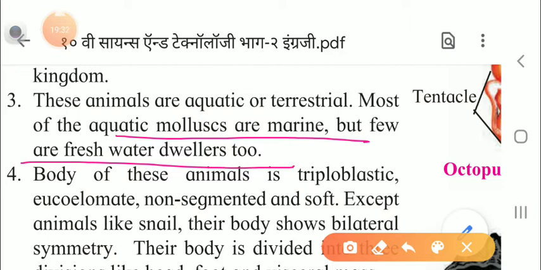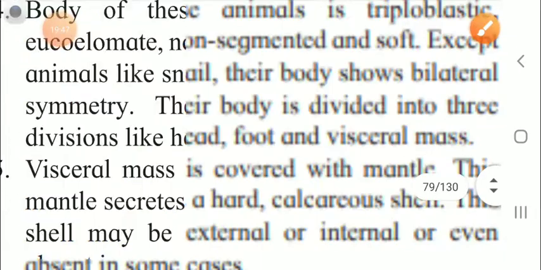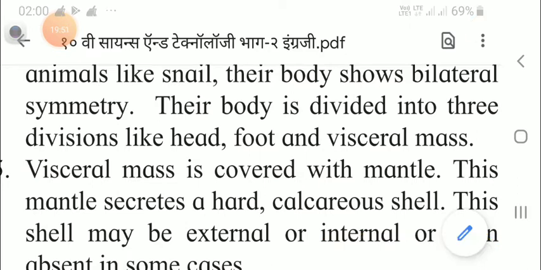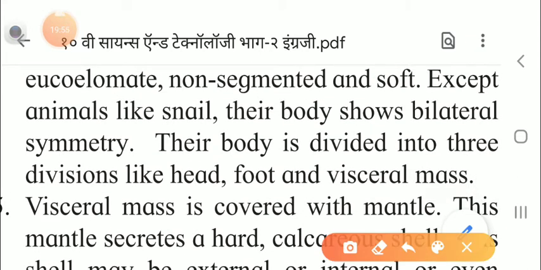Now, the fourth point is that the body of this animal is triploblastic. Triploblastic means made up of three layers, children. The body is eucoelomate.